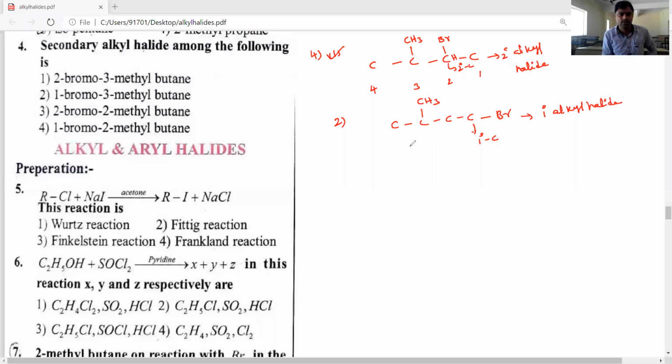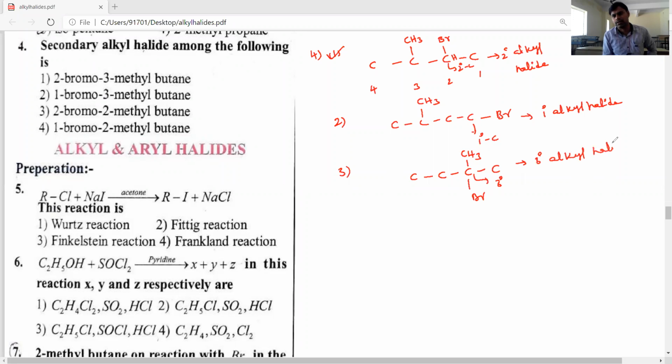So this is just the classification of alkyl halides that we already discussed. According to that, we get the answer. See, 2-bromo 2-methyl butane, 1, 2, 3, and 4. This is a tertiary carbon. That's why it is a tertiary alkyl halide.